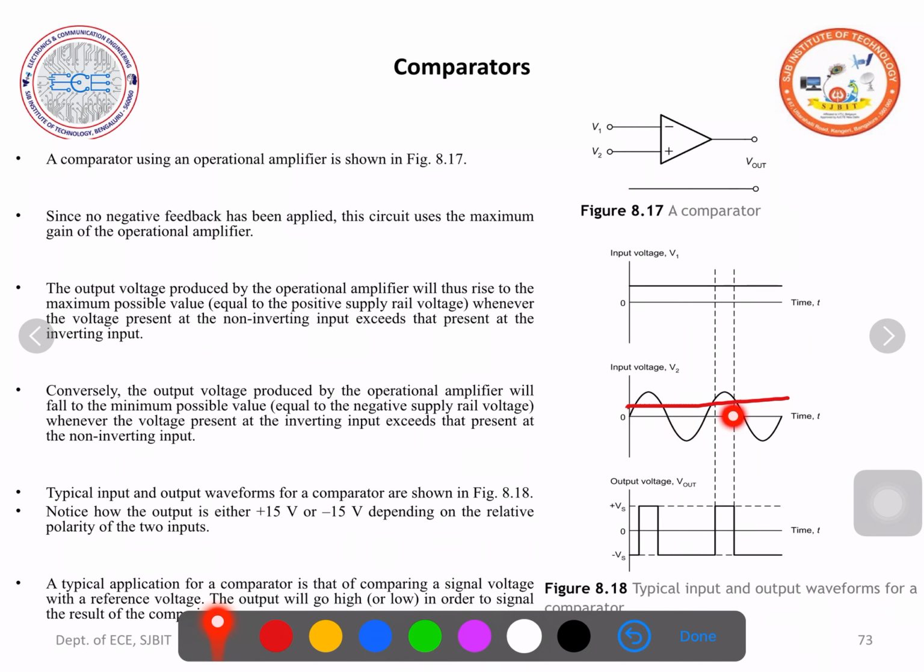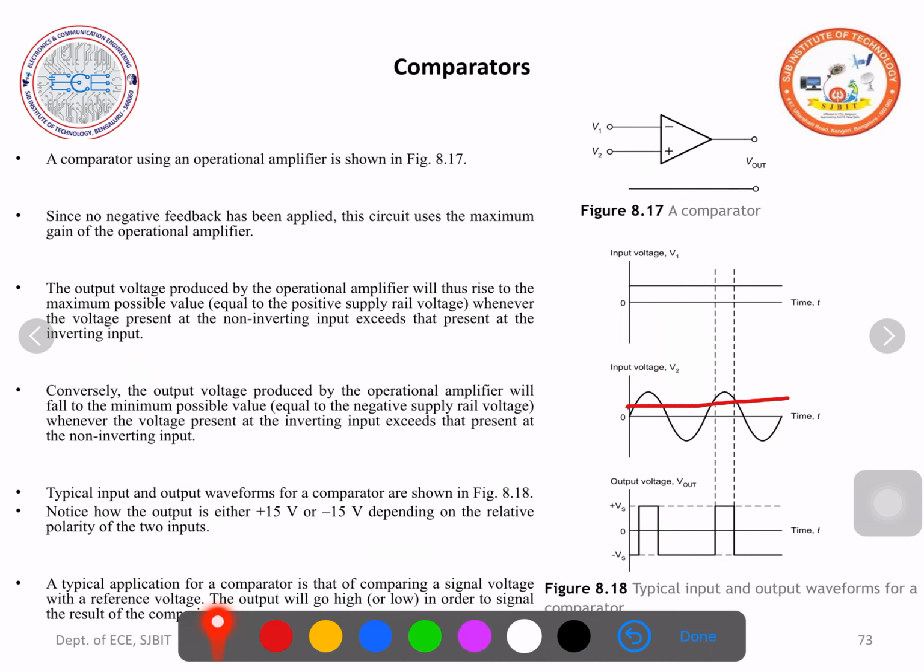Similarly here, we look at the signal here and here: the voltage applied at V2 is smaller than the voltage applied at V1, or the voltage applied at V1 is greater than the voltage applied at V2 here.